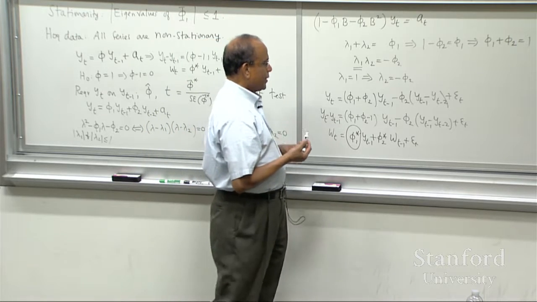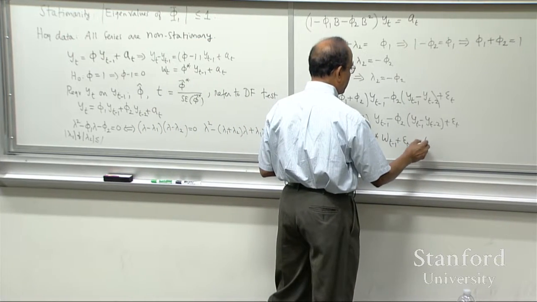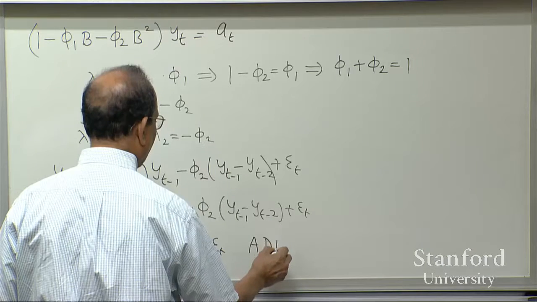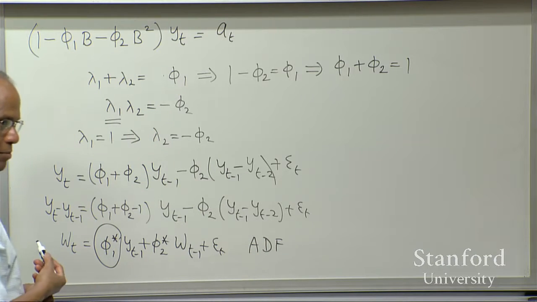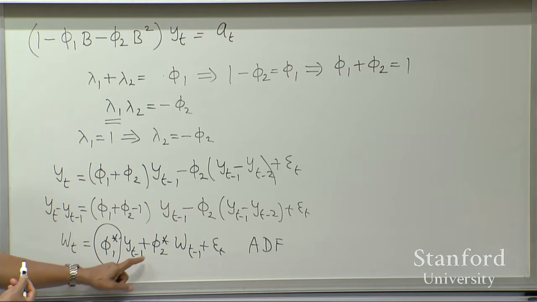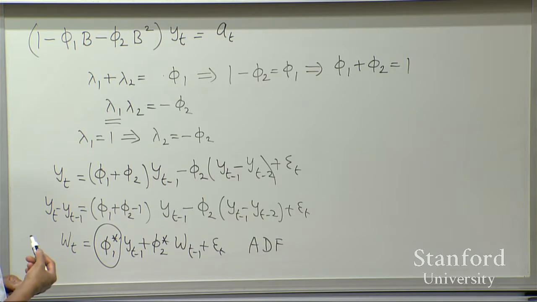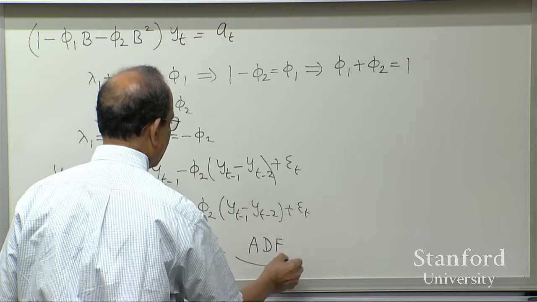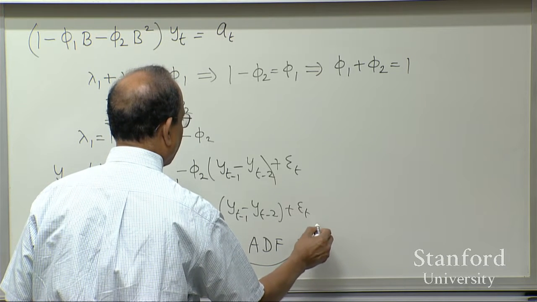Okay. So this test here is known as the augmented Dickey-Fuller test, ADF test. And this form of writing Wt in terms of yt minus 1 and epsilon t is sometimes known as error correction form.